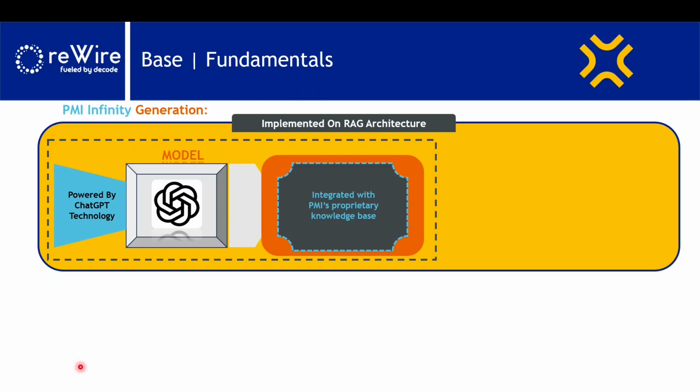To develop any AI assistant, there are certain architectures available. Out of those, based on their need, PMI has used the RAG architecture because their knowledge base has a number of guides, articles, and sessions. Whenever any user asks, it has to retrieve the information from their knowledge base, not give a generic response.